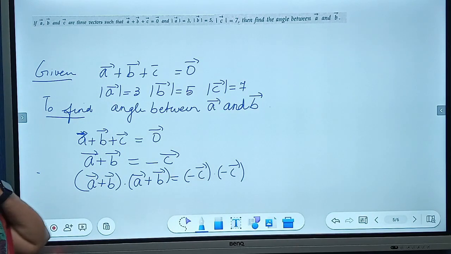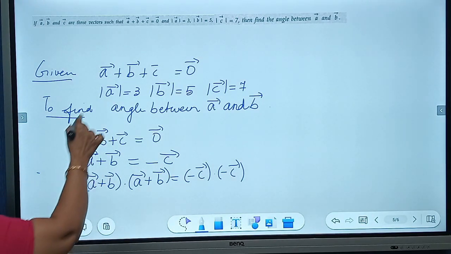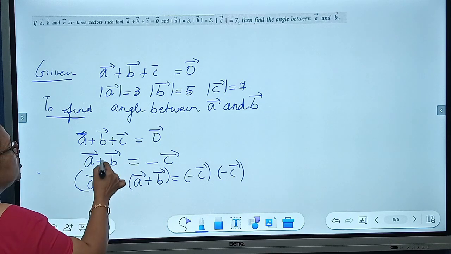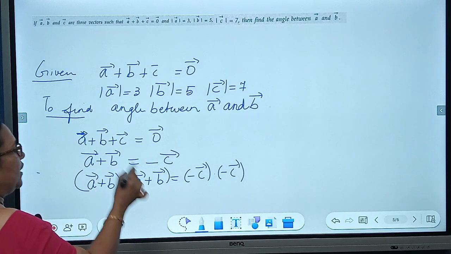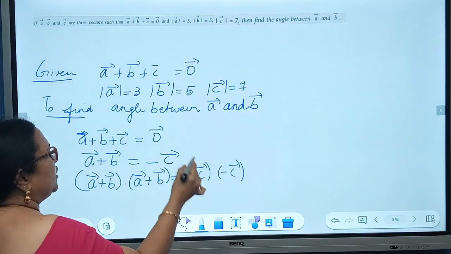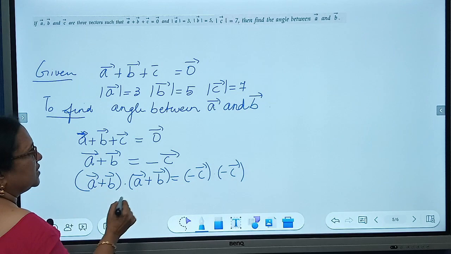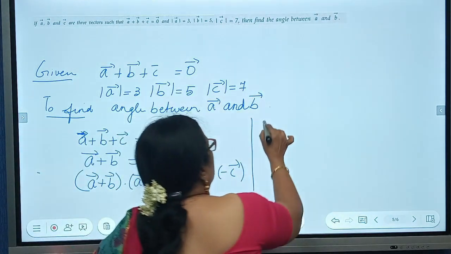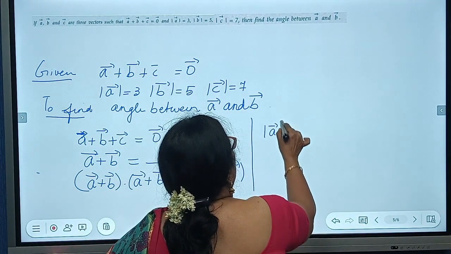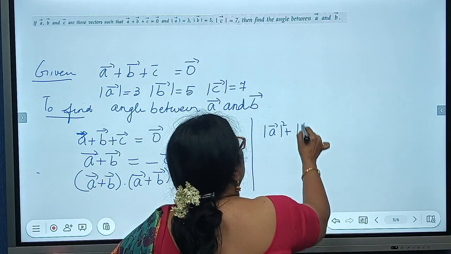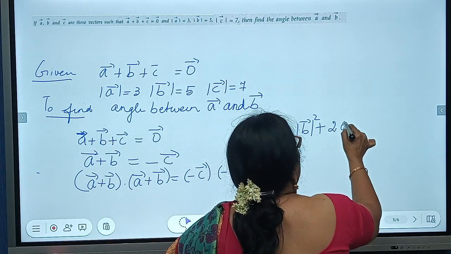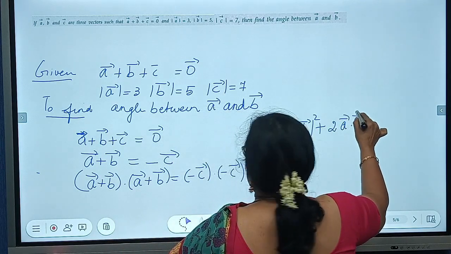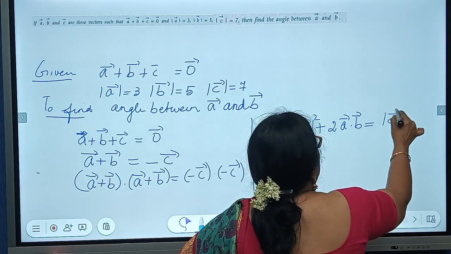I am simplifying what is given. This is modulus of a square plus modulus of b square plus 2 times a dot b equal to modulus of c square.